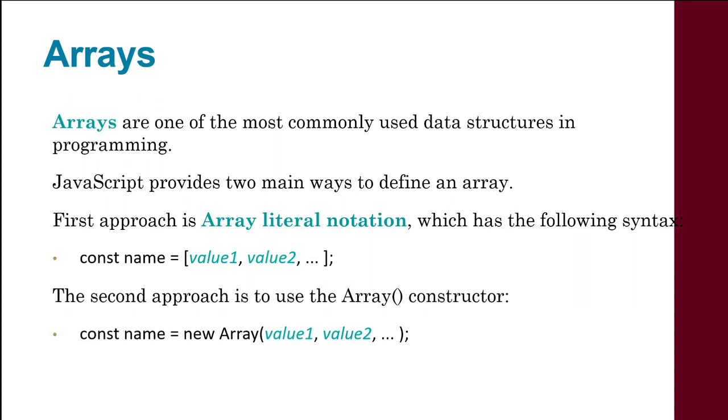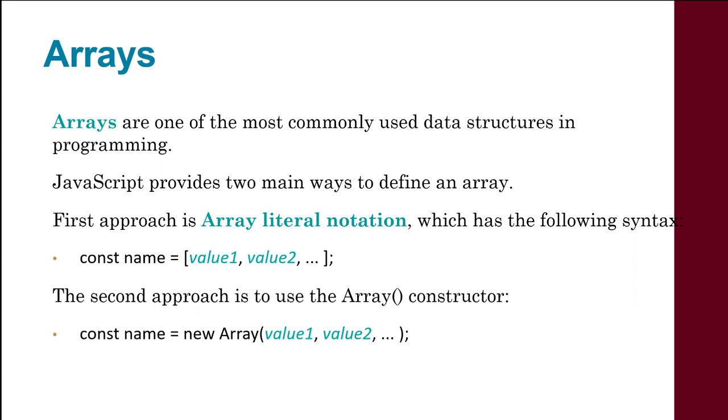It's got the constant variable name, and then the square brackets, the value 1, value 2, etc. The second one is to use the array constructor, which means that you have to tell it that it's making an array. The first one, if you use those square brackets, it knows it's making an array.